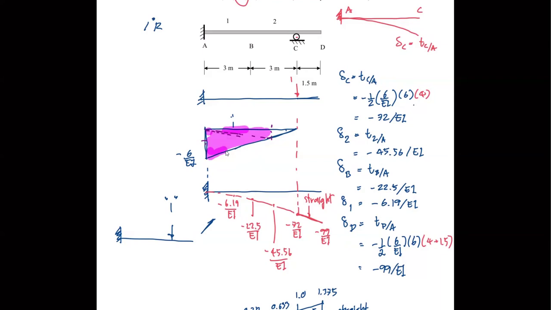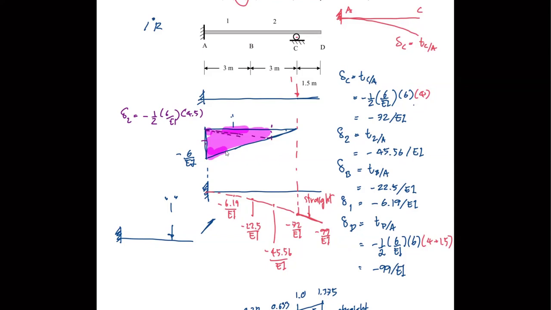Okay, and I can squeeze this in here as a delta 2 by using these two triangles. It's going to be equal to minus a half of the height, which is 6 over EI. Base is 4.5. This is the big one, right?